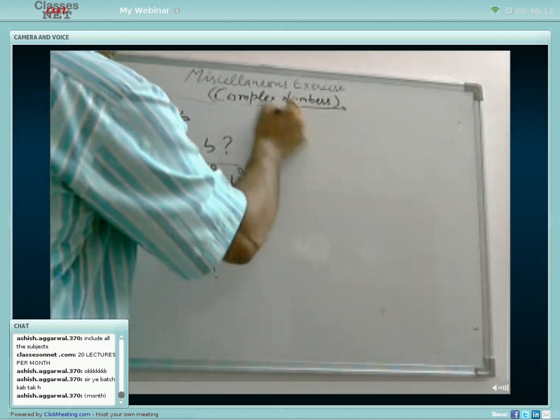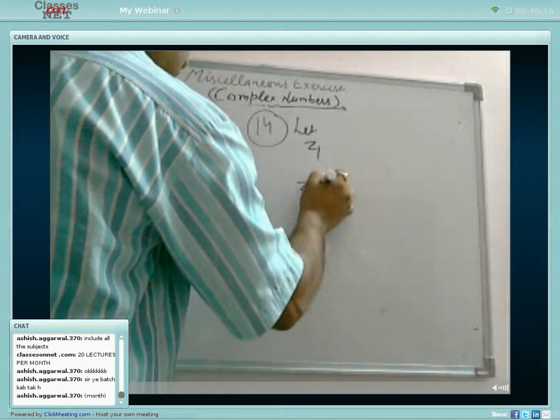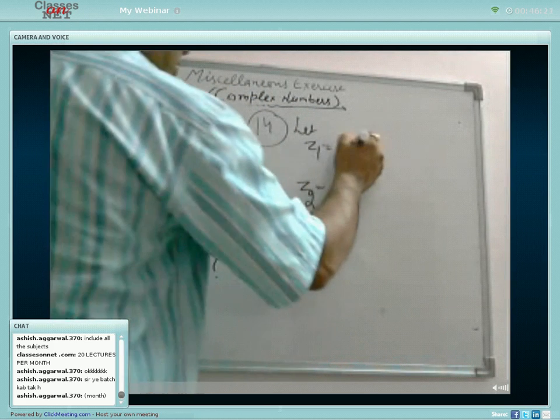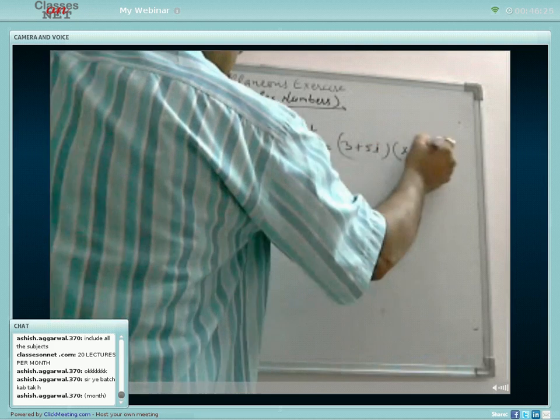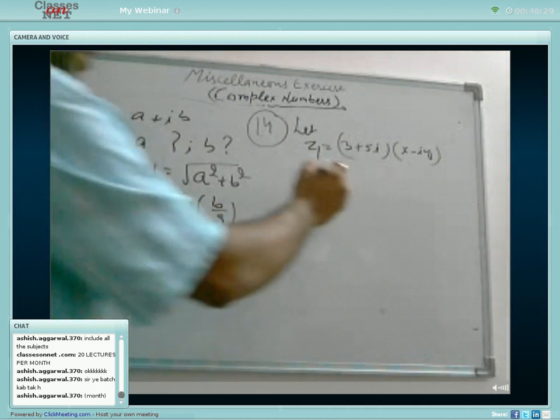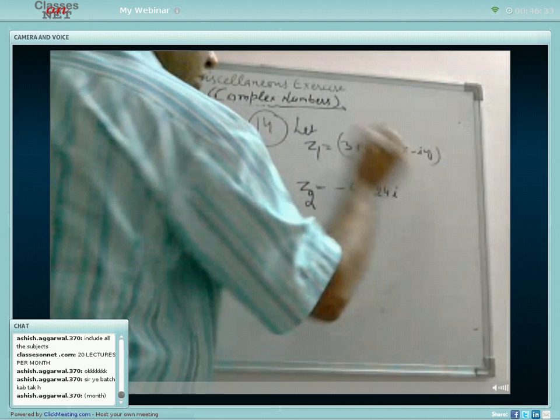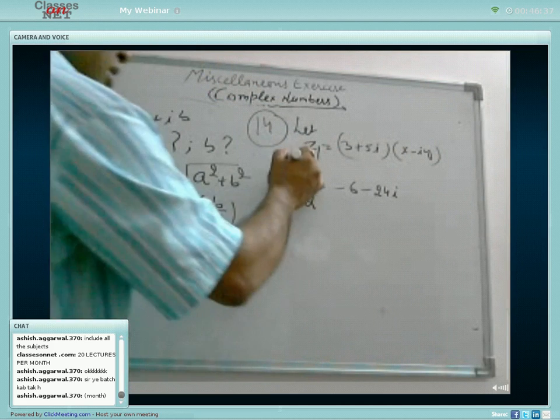Question number 14. We are given two complex numbers. Let the first be Z1 and the second be Z2. It is x minus iota y into 3 plus 5 iota, and the second one is minus 6 minus 24 iota. Firstly we will express this Z1 in standard form.